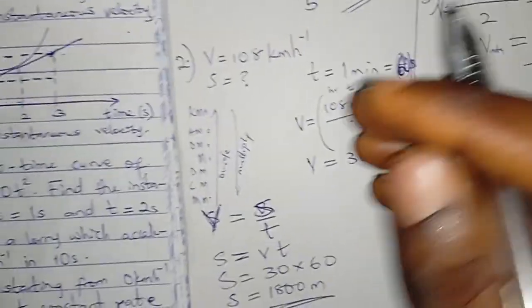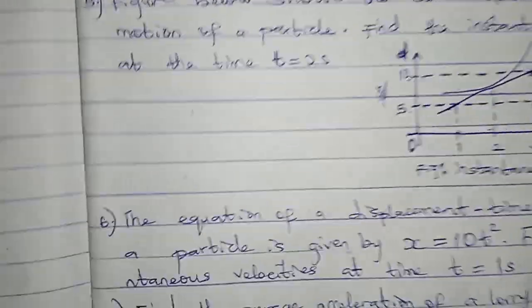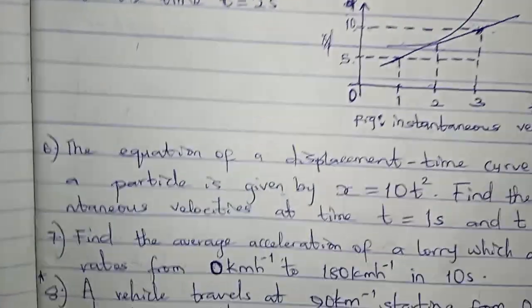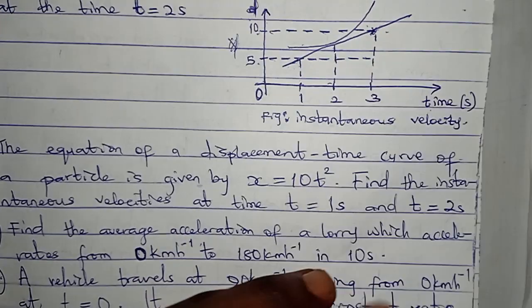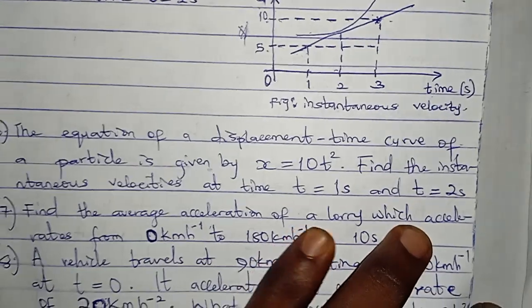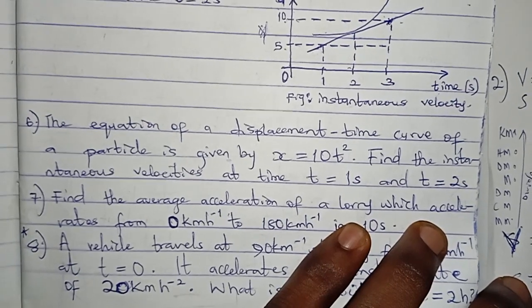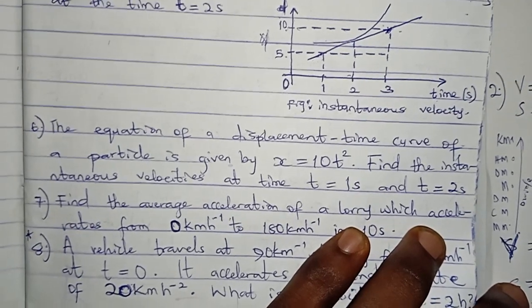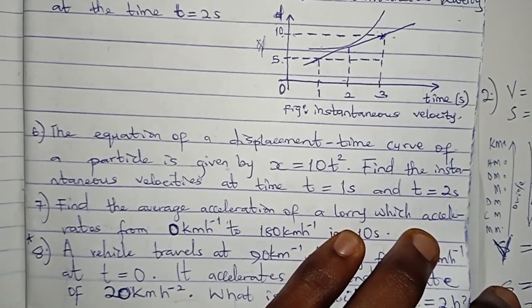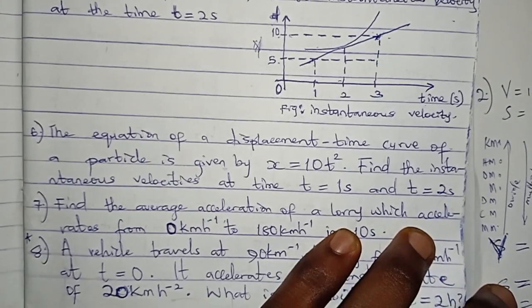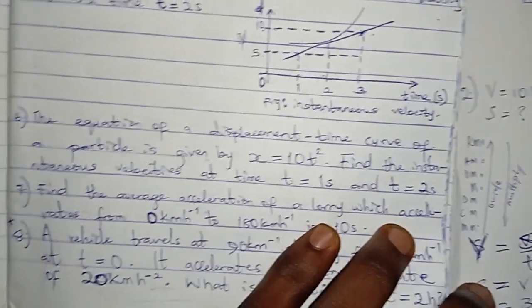Number 5. Let's move to question 6. The equation of a displacement time curve of a particle is given by x equals 10t squared. Find the instantaneous velocities at time t equals 1 second and t equals 2 seconds.